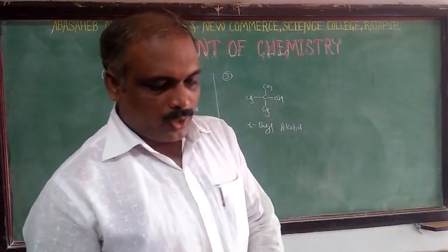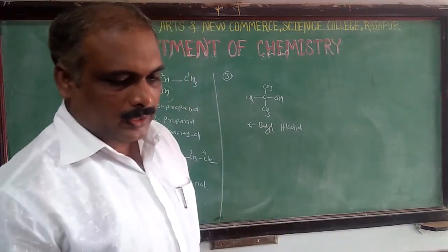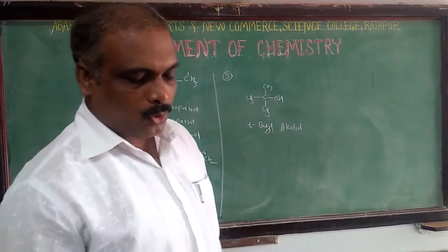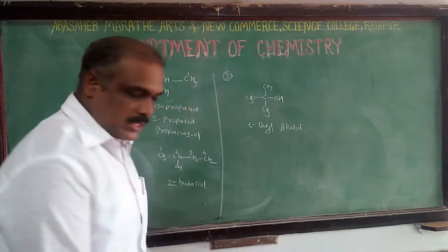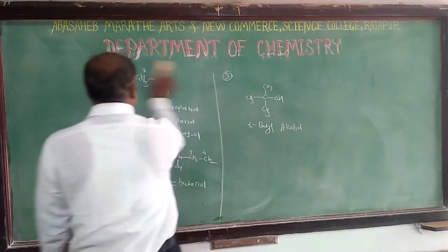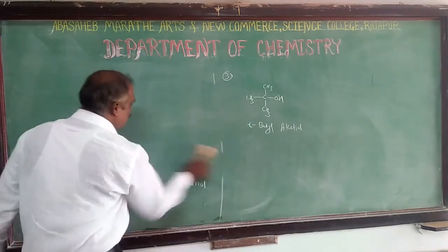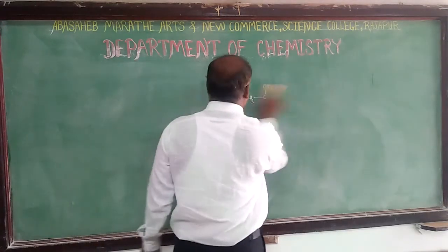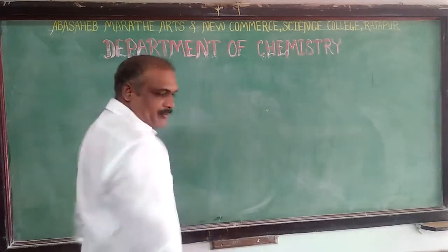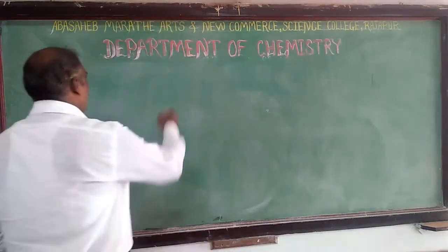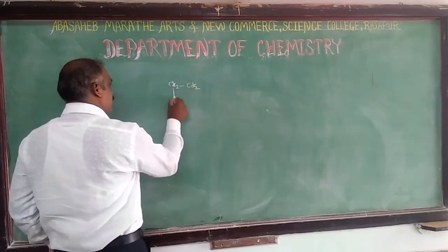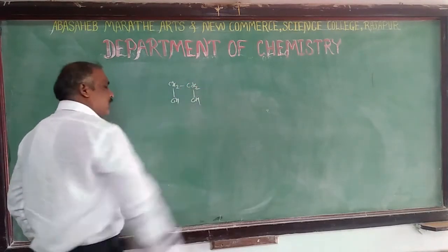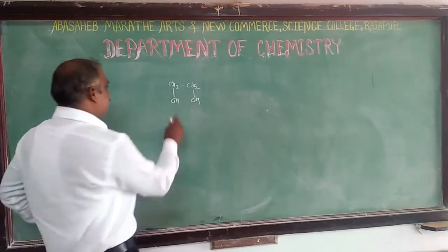Now we have seen the types of alcohols: monohydric alcohols, dihydric alcohols, and trihydric alcohols, which are important for our knowledge. Dihydric alcohols, for example, ethylene glycol.